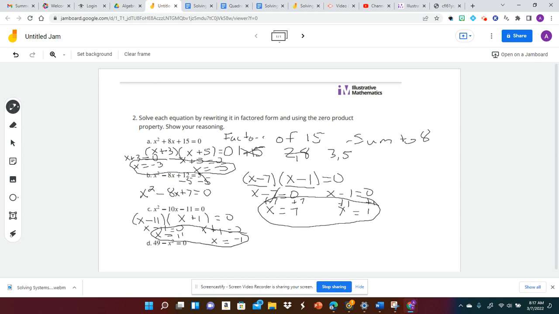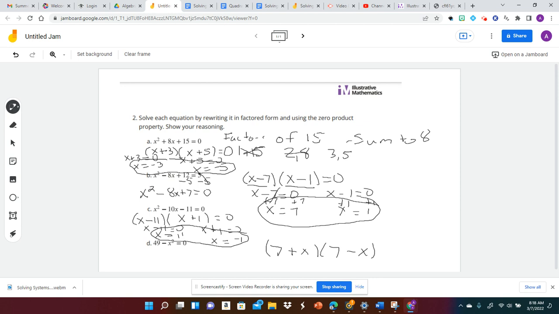Now here, if I have 49 minus x squared equals 0, well, this would be a perfect square. We could do 7 and 7. And then to make minus x squared, I can go 7 plus x times 7 minus x. Remember, that's our perfect square pattern.